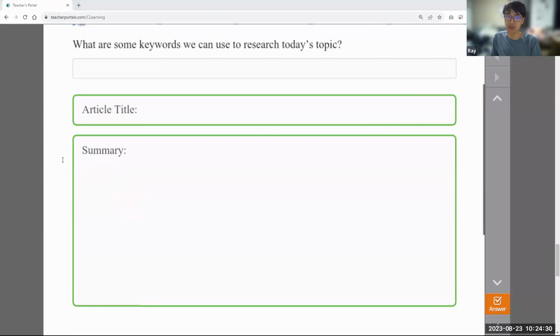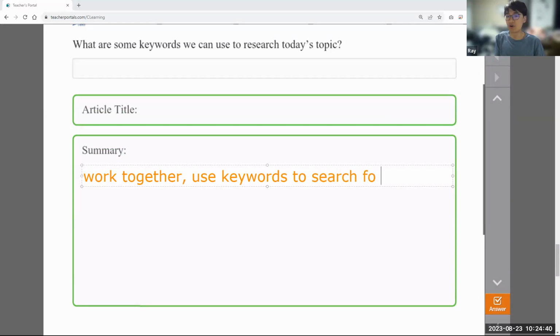The general idea of this research page is you're going to work together and use keywords to search for articles about the topic.